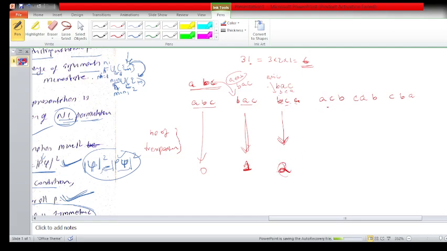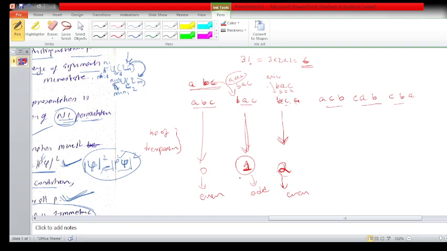And similarly, you check for this transposition. So we have 0 and these are even permutations, and this is an odd permutation. If you are getting an odd number of transpositions, that corresponds to an odd permutation. Okay, that's all about the permutation.